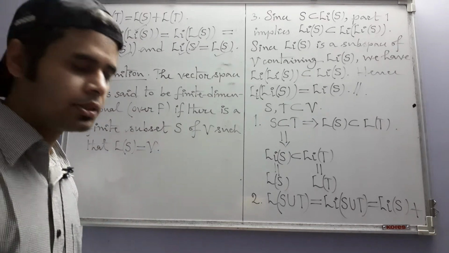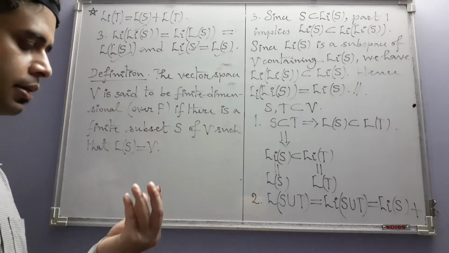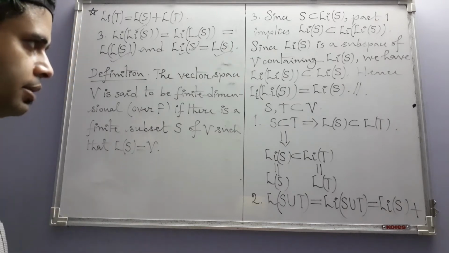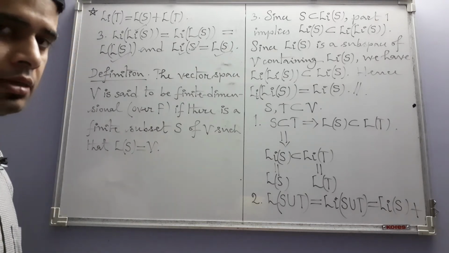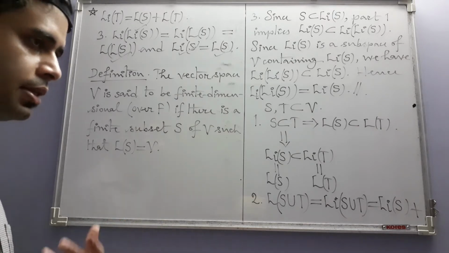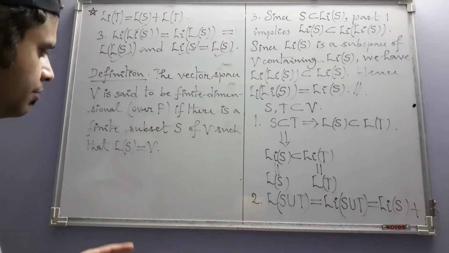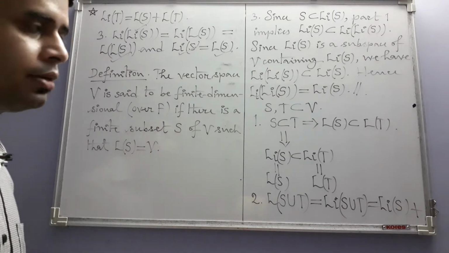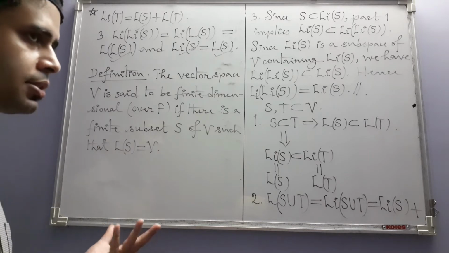So this definition says that if you encounter a vector space in which you find a finite subset S such that the linear span of S is the entire space, then we say that the space V is finite dimensional. And the definition makes sense also.